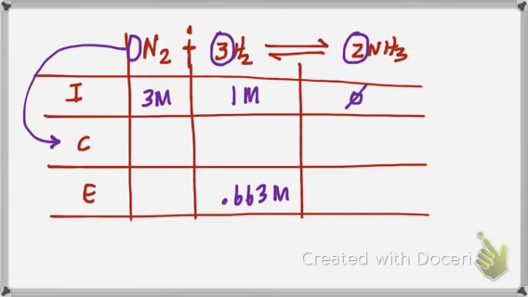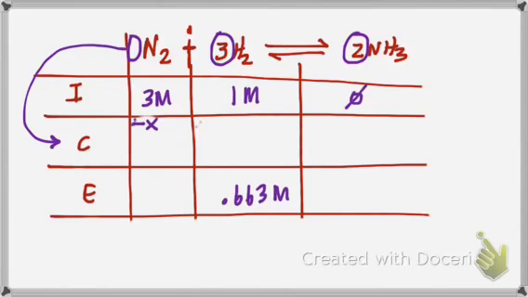So when I look at my change, I'm going to put a plus x because it's just a plus 1. There's no coefficient, so it's just a 1. And then on the next one for N2, it shouldn't be plus, sorry, it should be minus. It's going to change by a factor of x.